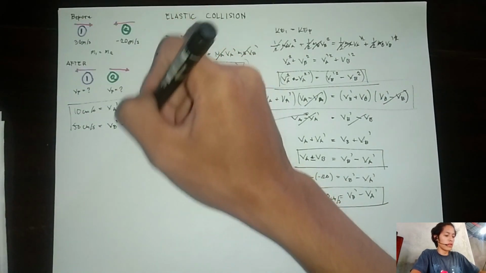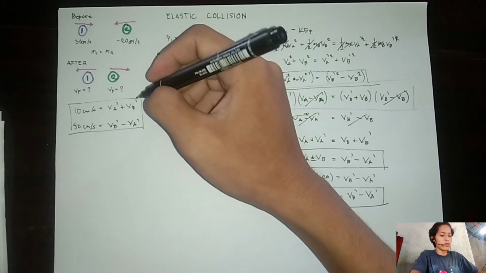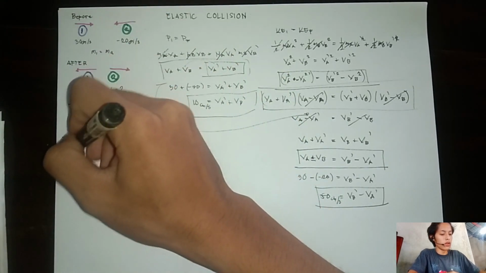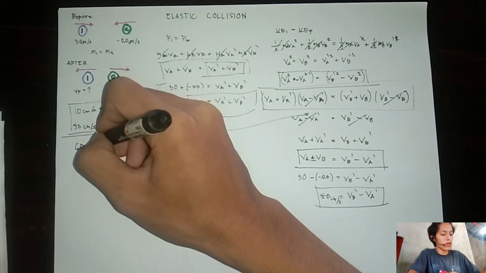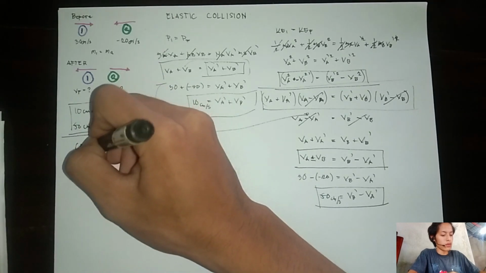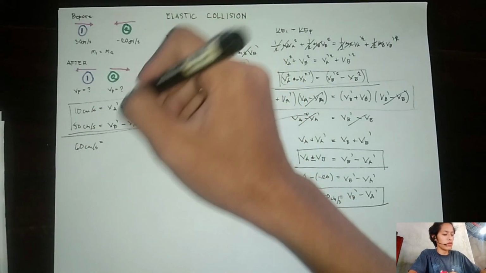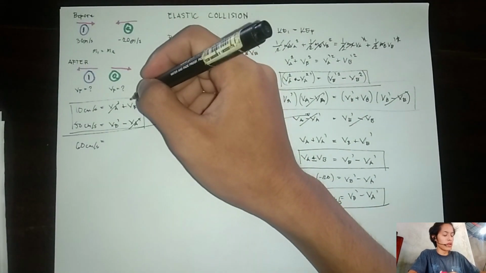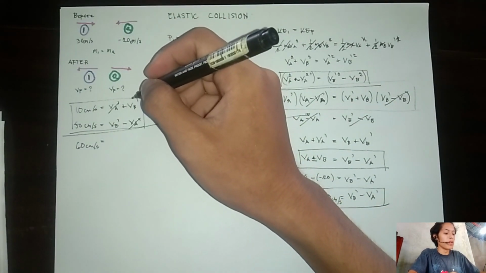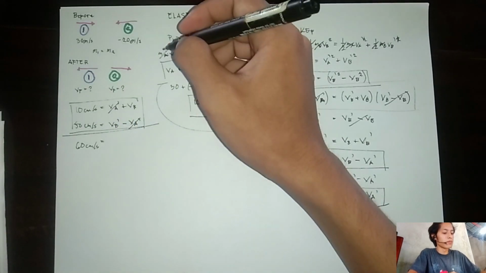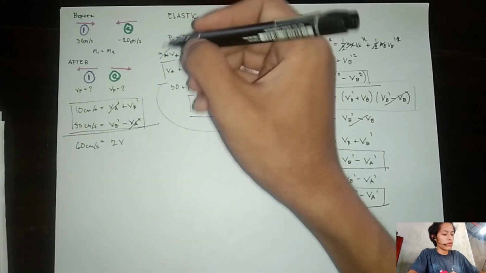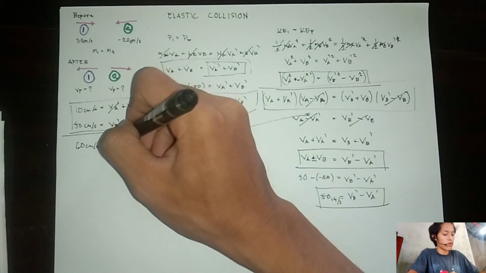So, gamitin natin yung linear equation sa algebra. Pag-add lang natin to, then we get 60 cm per second is equal to, remove yung velocity A final kasi nga positive plus negative. Then, 2 velocity B final.